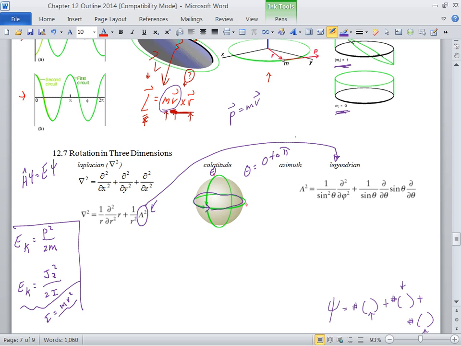So now we're back into our 3 dimensions. So that Legendrian is this symbol. And if you're following along in the book, this is around page 333 or so, if you actually need to get that equation and if there's a typo or something.